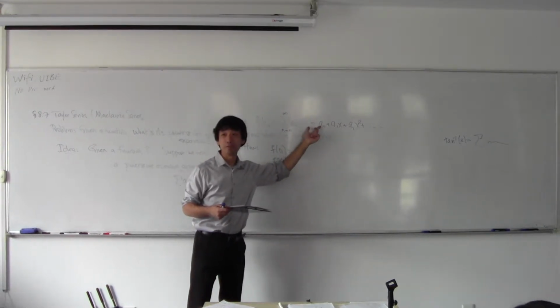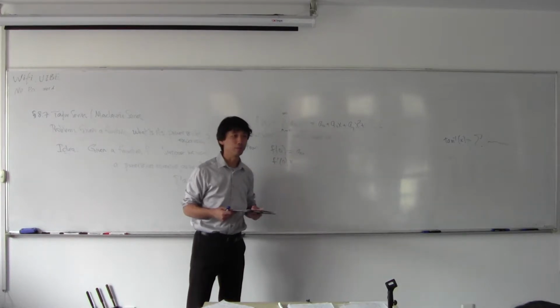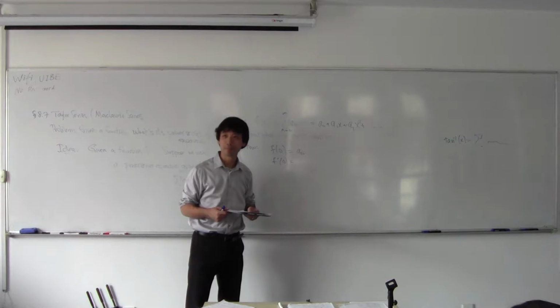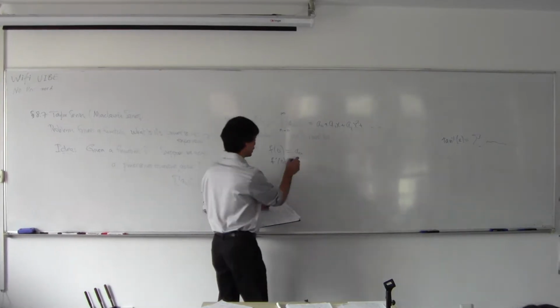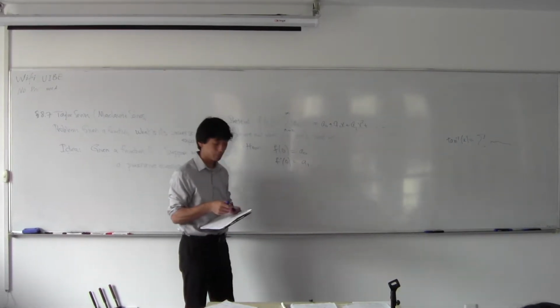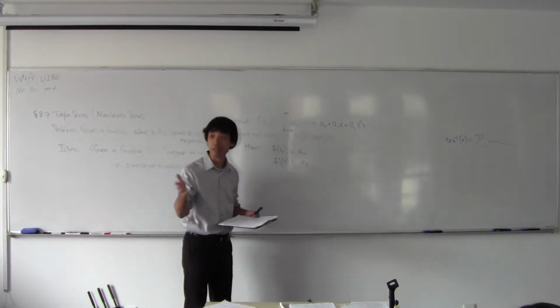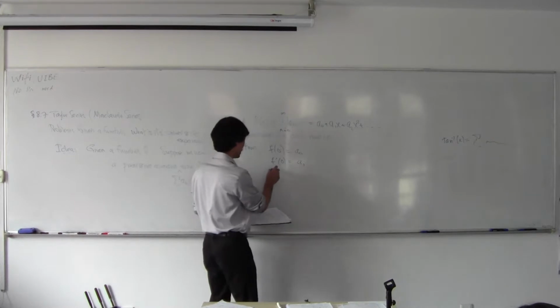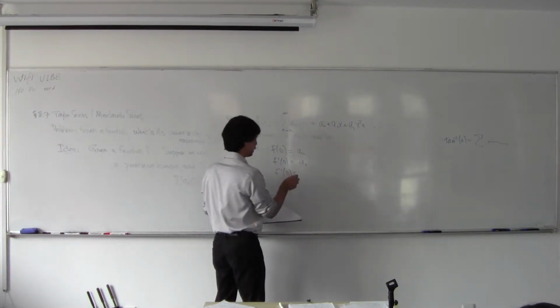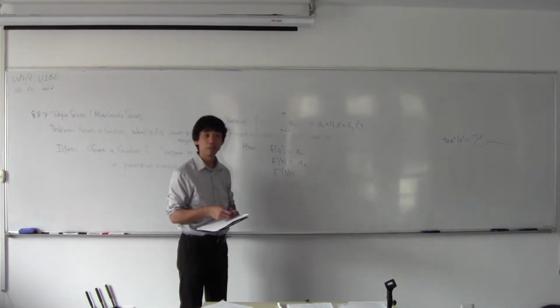What if you take the derivative of the power series and evaluate it at 0? What happens? You get a1, exactly. How do I get a2? I'm going to take the derivative again, evaluate at 0, and what do I get?